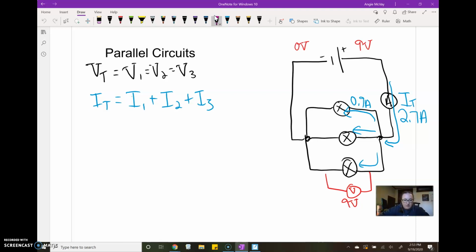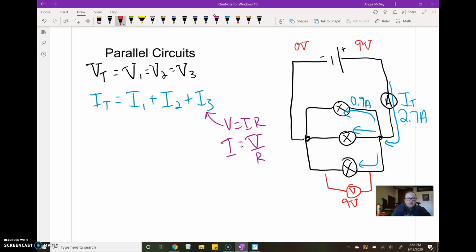Okay, now if we apply Ohm's law, remember it is V equals IR, and we rearrange it to solve for I, we get I equals V over R, right? So what if we plug in V over R for the I's in each of these equations?